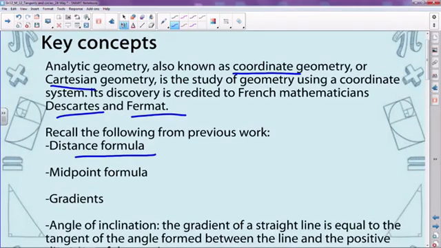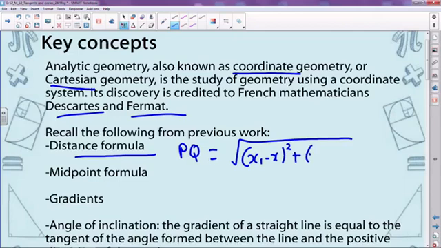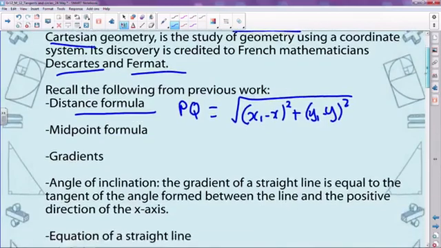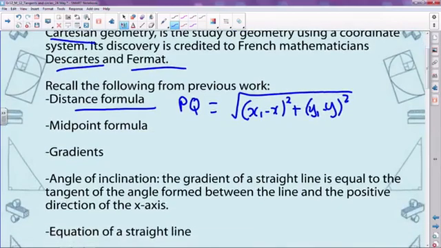If we want to work out the distance PQ, it will be the square root of the difference between the two x values squared plus the difference between the two y values squared. So you'll have two coordinates, (x1, y1) and (x2, y2), and you'll find the distance between those 2 points using that formula.